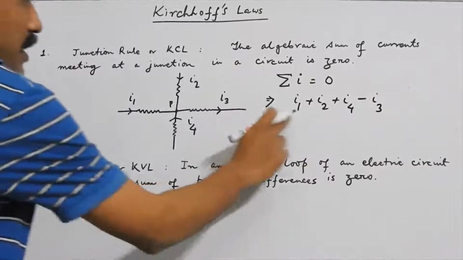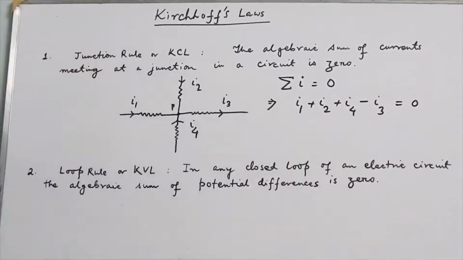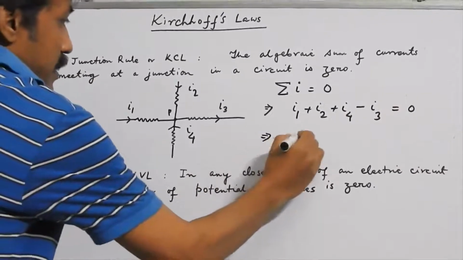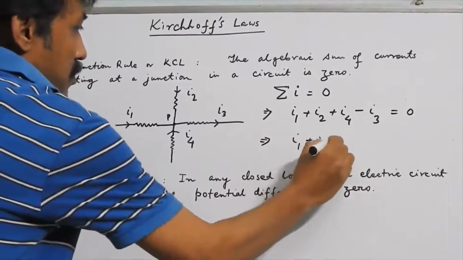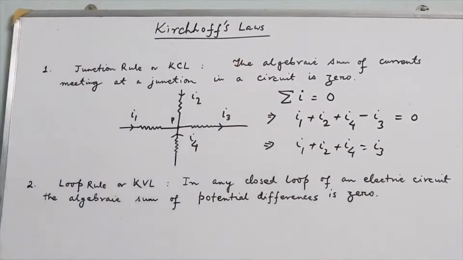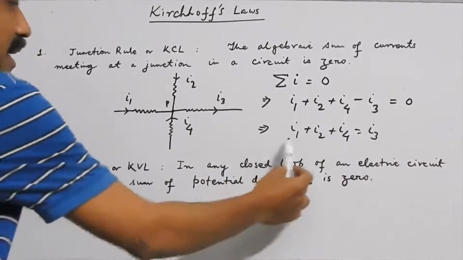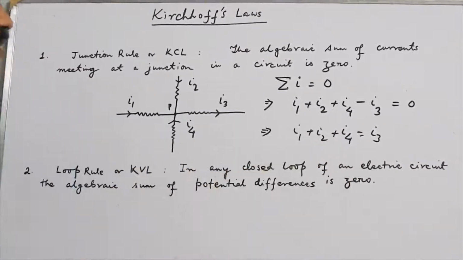So the sum of all the currents entering and leaving must be 0. This can also be written as I1 plus I2 plus I4 equal to I3. So again the statement can be expressed as sum of currents entering is equal to sum of currents leaving.